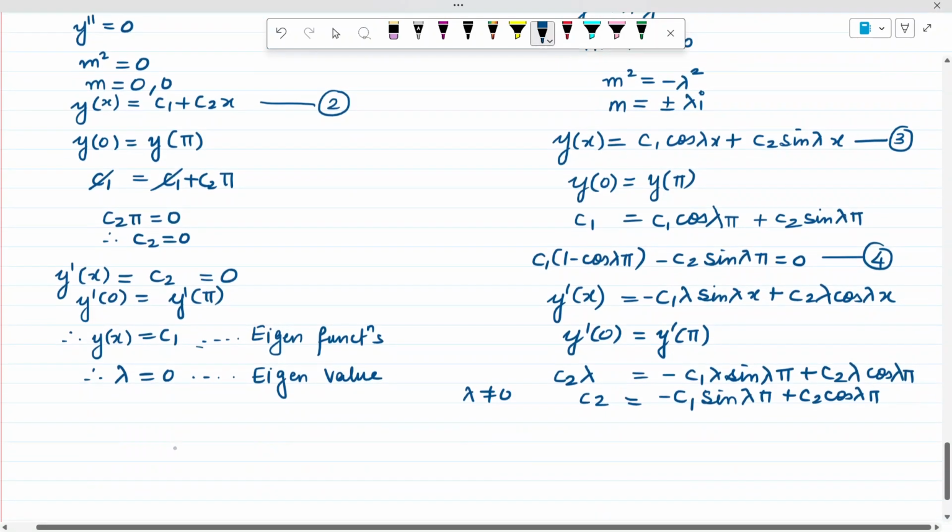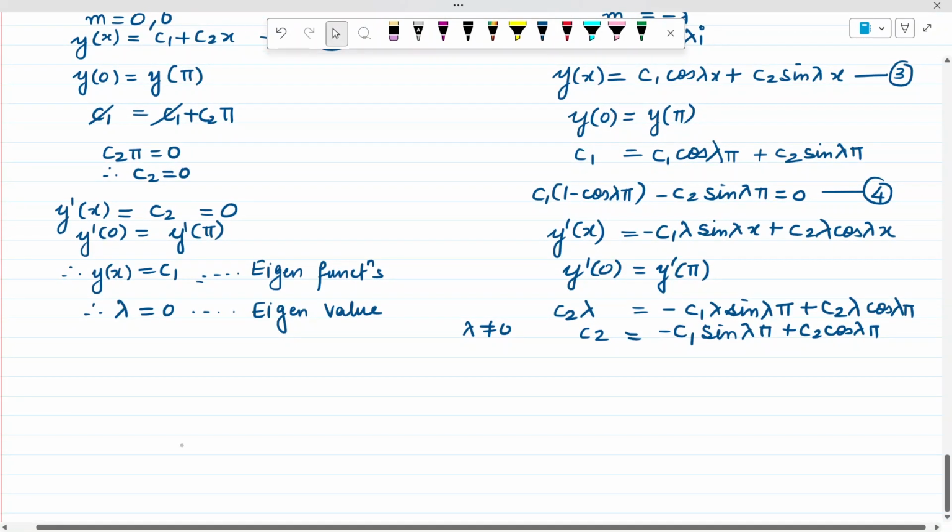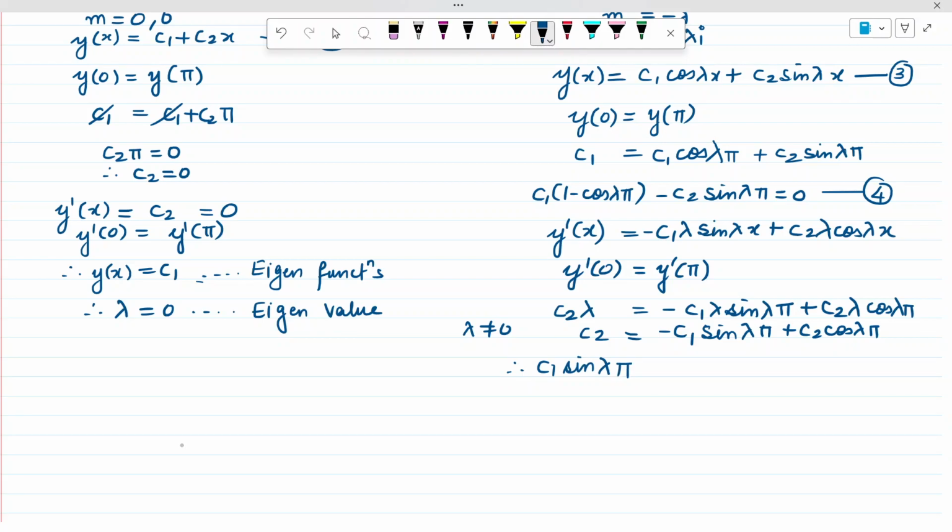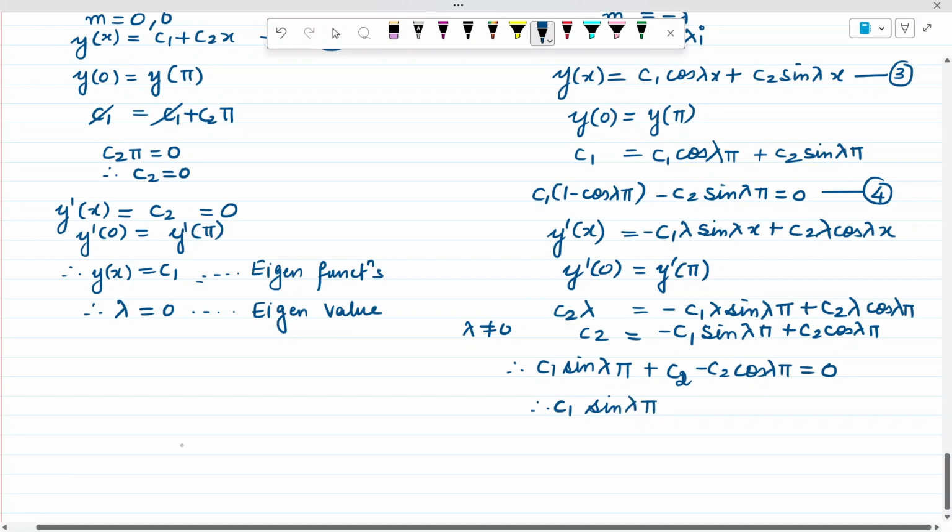Okay, let's shift the terms on one side together. You can shift it this side or that side, whichever way. So if I take C1 sine lambda pi plus C2 minus C2 cos lambda pi equal to 0. So I'll have C1 sine lambda pi plus C2 times 1 minus cos lambda pi.